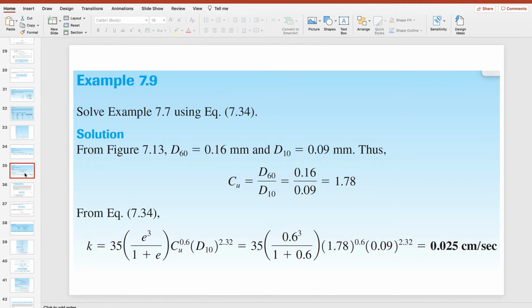So, our CU is equivalent to 1.78. So, substituting 35 times 0.6, this is our void ratio, 0.6 cubed divided by 1 plus 0.6 times, what is CU? 1.78, 1.78 raised to 0.6 times D10, which is 0.09 raised to 2.32. Then, calculate. Therefore, the hydraulic conductivity using equation 7.34 is 0.025 centimeter per second.